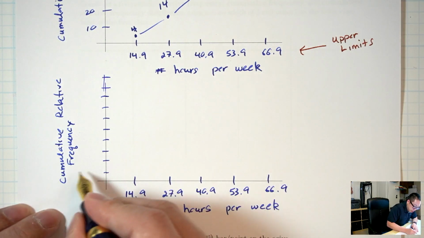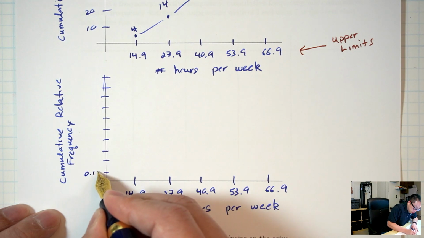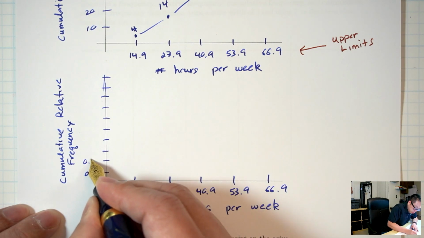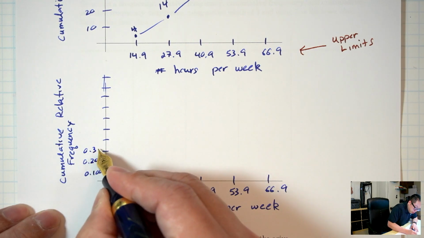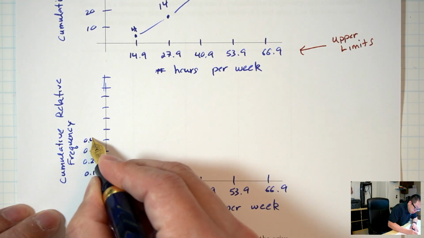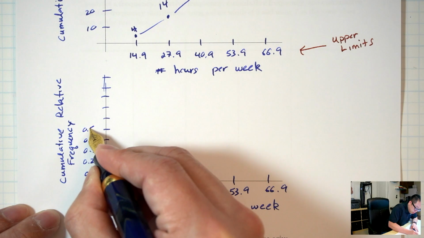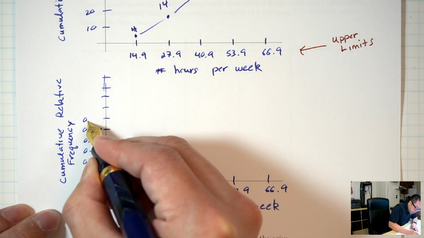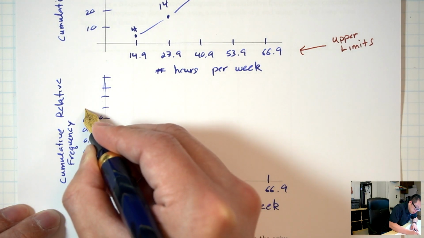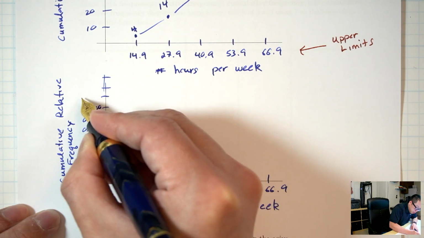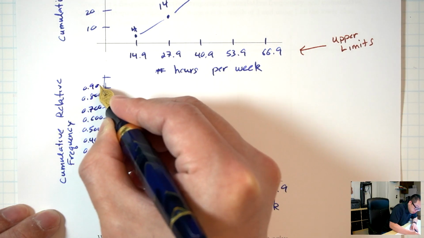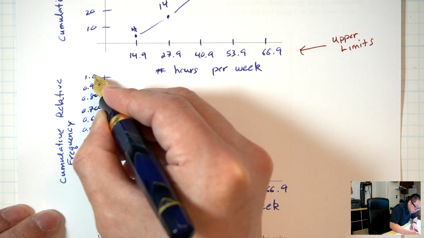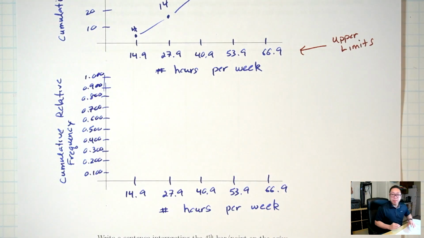And each one of these is 0.100, 0.200, 0.300, 0.400, 0.500, 0.600, 0.700, 0.800, 0.900, and then 1.000.